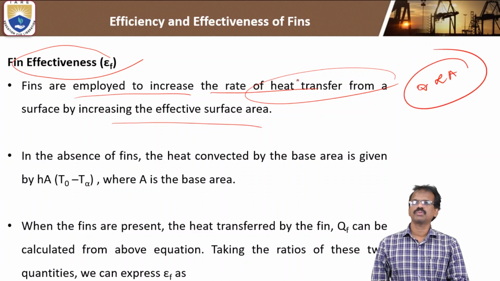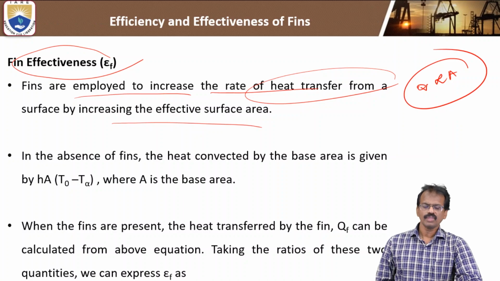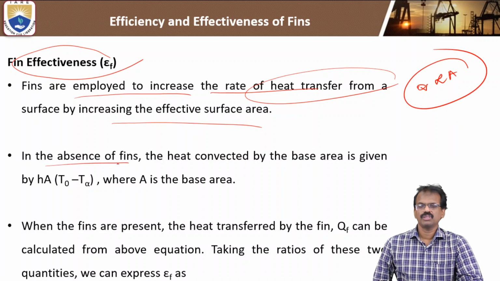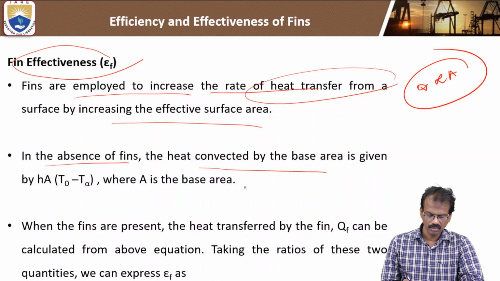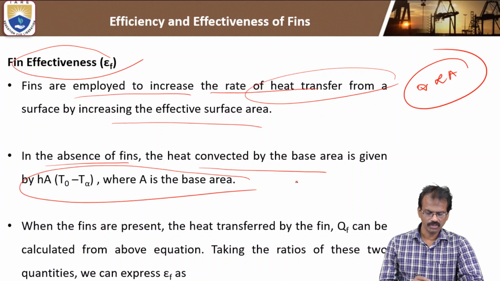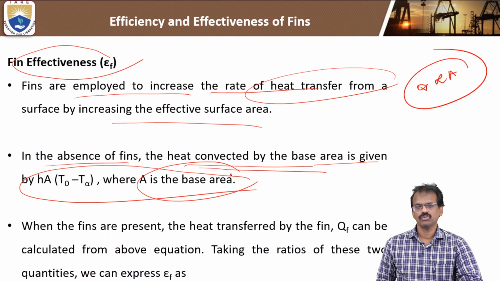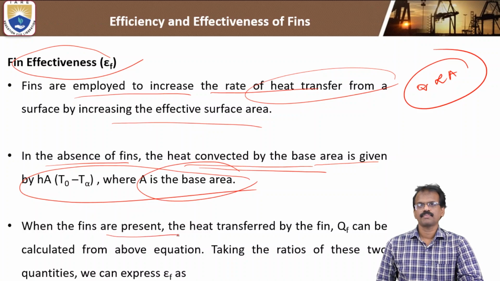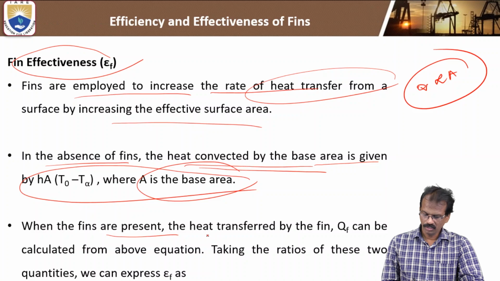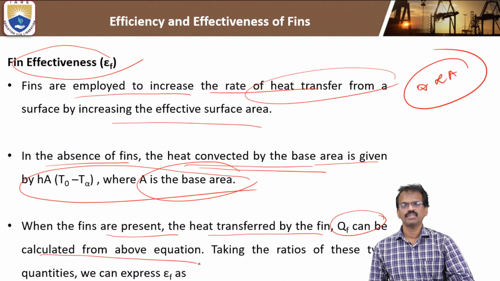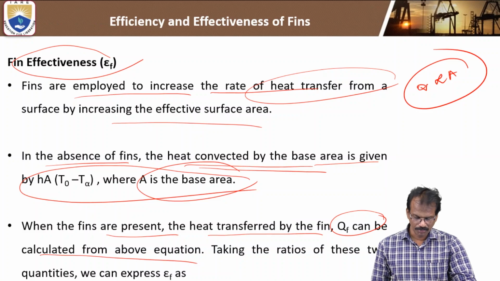So Q is directly proportional to A. In the absence of fins, the heat convected by the base area is equal to HA into T naught minus T infinity, where A is the base area. When the fins are present, the heat transferred by the fin, QF, can be calculated from the equations derived in the previous class.